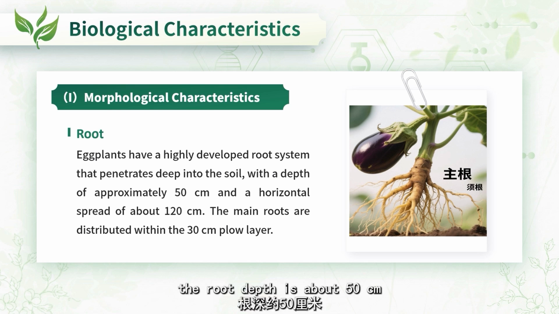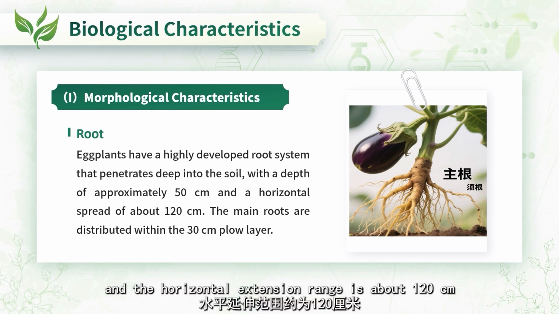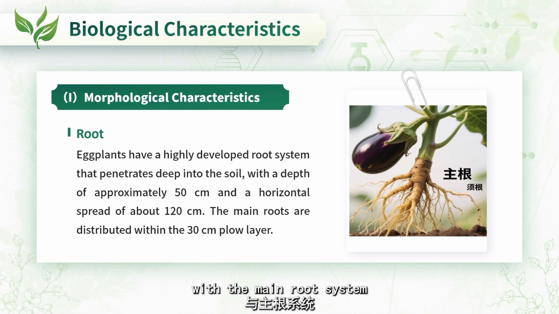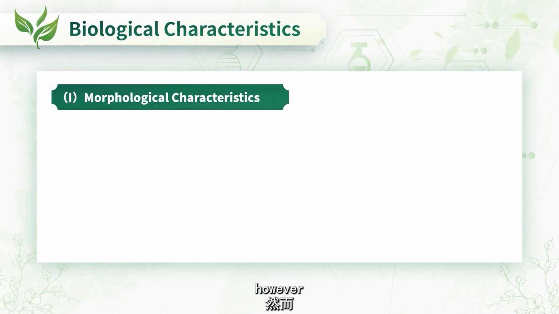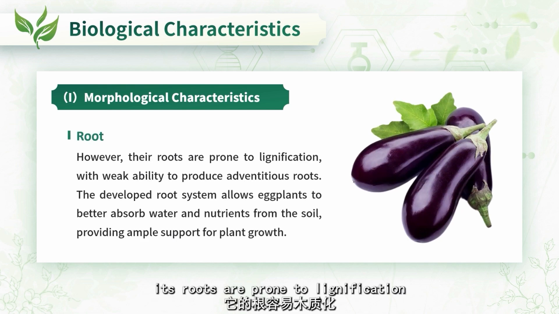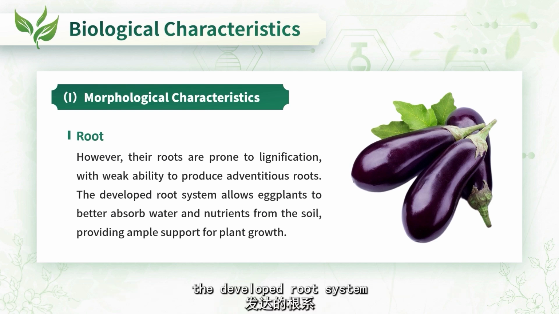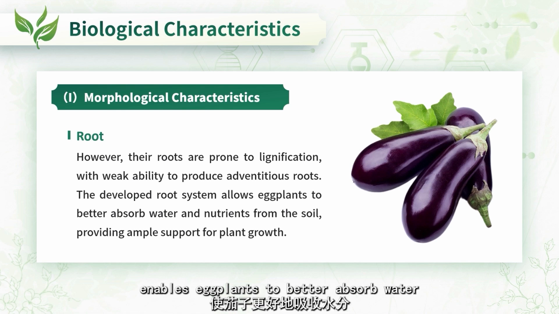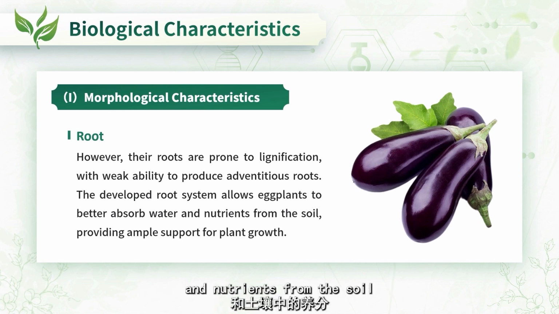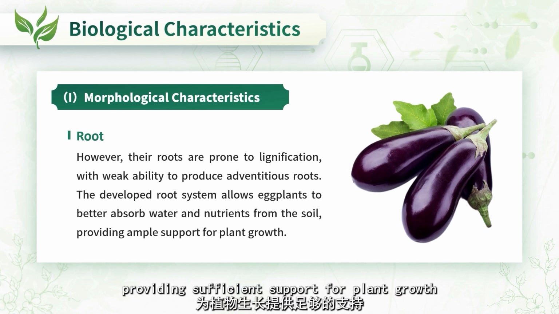The root depth is about 50 cm, and the horizontal extension range is about 120 cm, with the main root system distributed in the 30 cm plow layer. However, its roots are prone to lignification, and the ability to produce adventitious roots is weak. The developed root system enables eggplants to better absorb water and nutrients from the soil, providing sufficient support for plant growth.